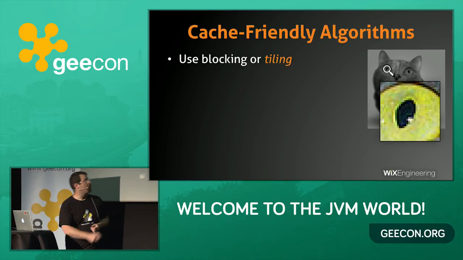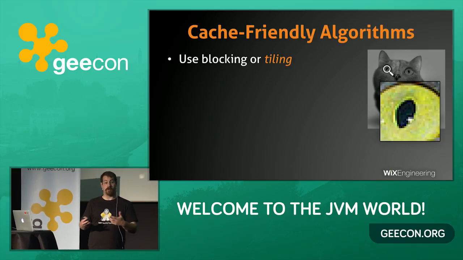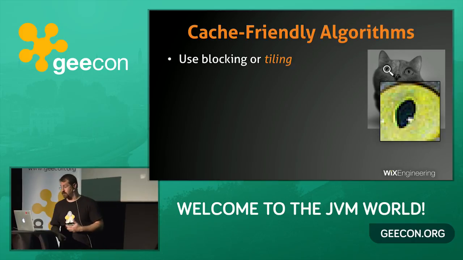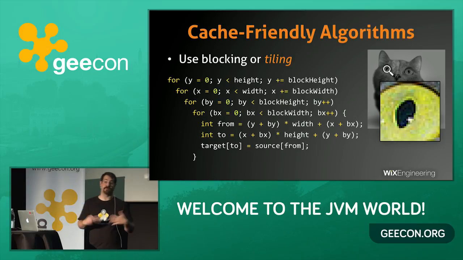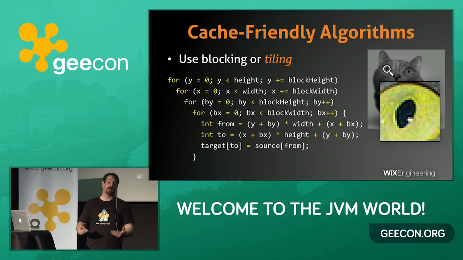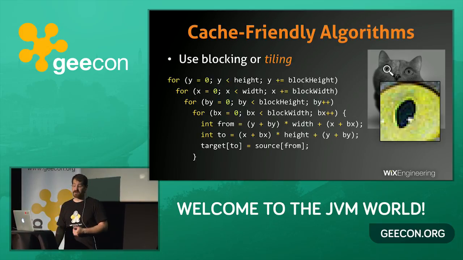So if we zoom in a little bit, we have the 16 by 16 pixel block of the image of the cat, and we can take care of that particular block and move on to the next one. When we've finished all of these blocks, we have finished processing the entire image. So the algorithm is very, very similar.